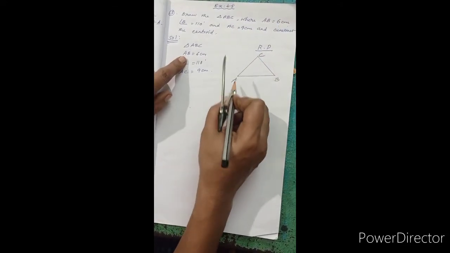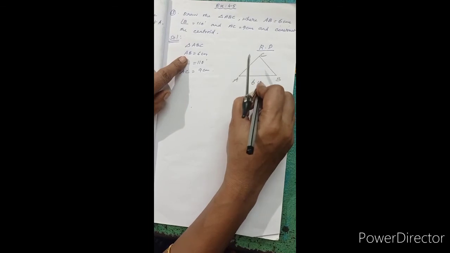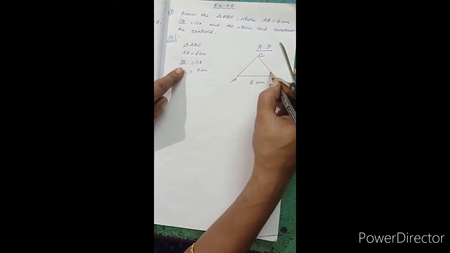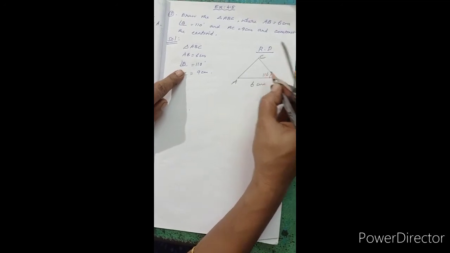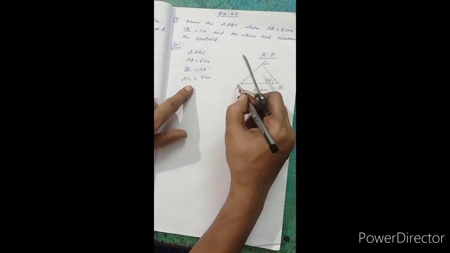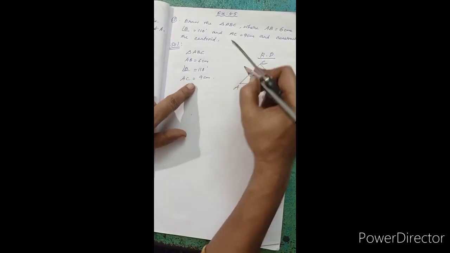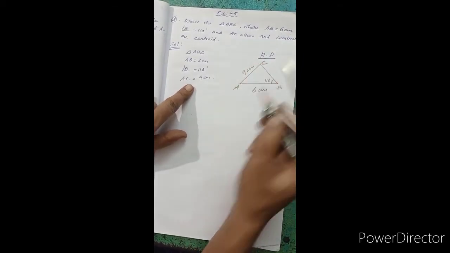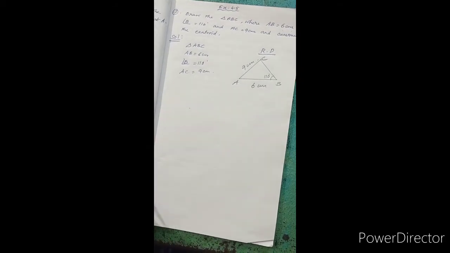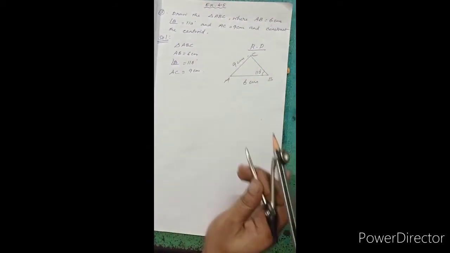Then side AB is 6 cm, that is given. Angle B, here only vertex B, that angle is 110 degree, that is obtuse angle. Side AC, here only AC, that measure is 9 cm. By using these three measures, draw one triangle.